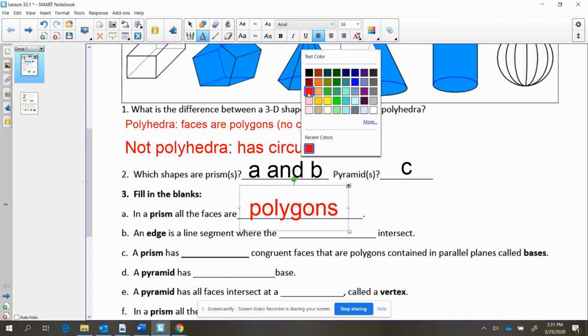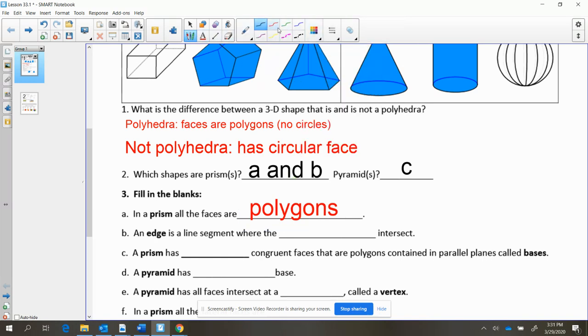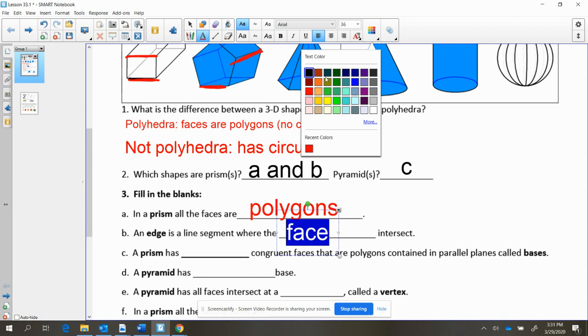So if you notice, I'm going to use my writing tool here. See the edges on our prism, maybe here, and that's where these faces are intersecting. So we have a lot of different examples of edges in there, and again, that's going to be where the faces intersect.